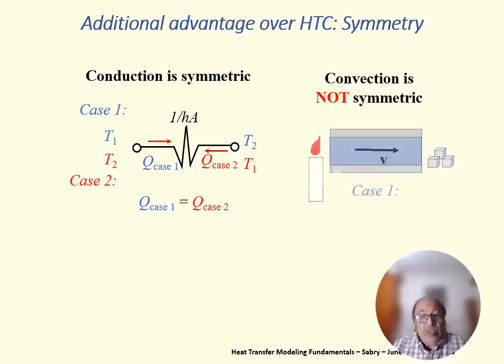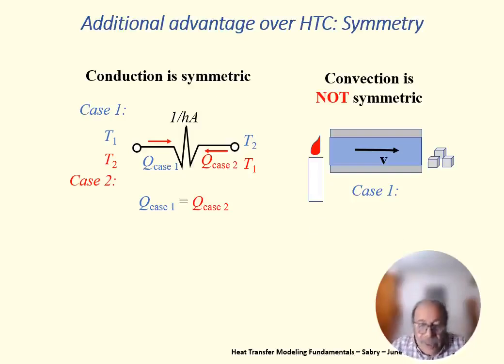Suppose I have a duct where fluid is flowing, and I'm heating on the left side using a candle, for example, and I'm cooling on the right side using ice boxes or something like that. Then inside the domain, the temperature of the fluid will be high in all the domain, except just near the exit where it will be cooler due to the presence of ice boxes.